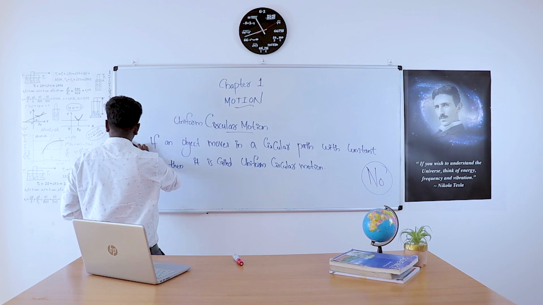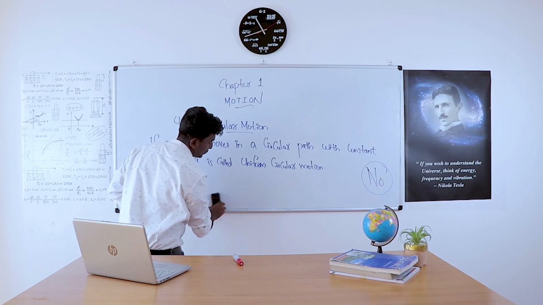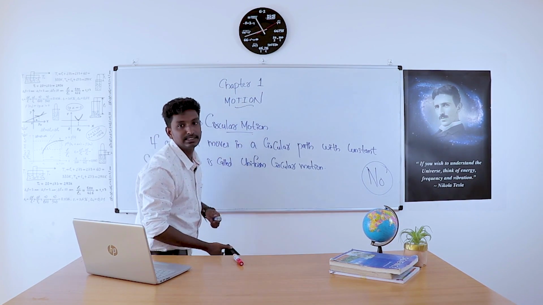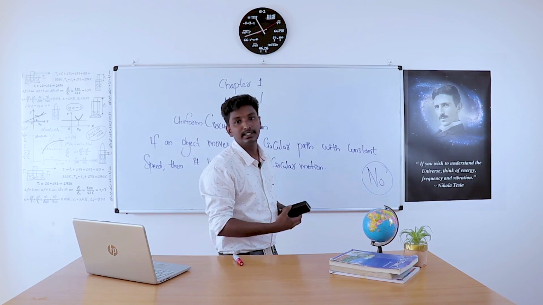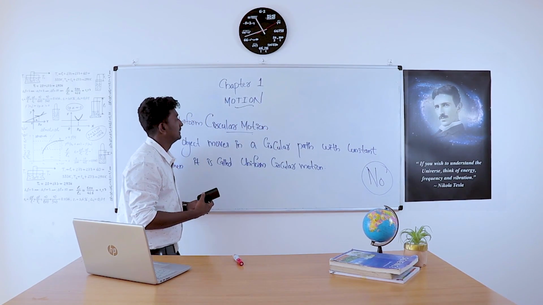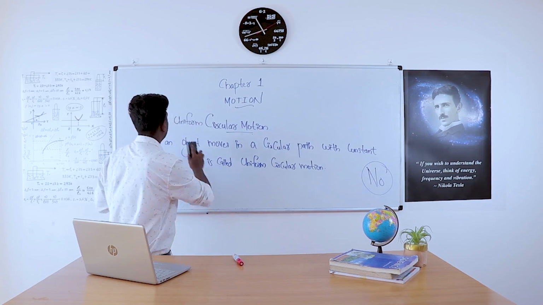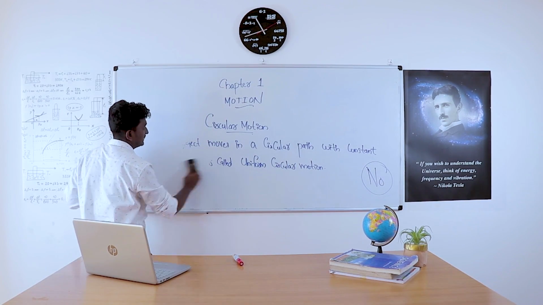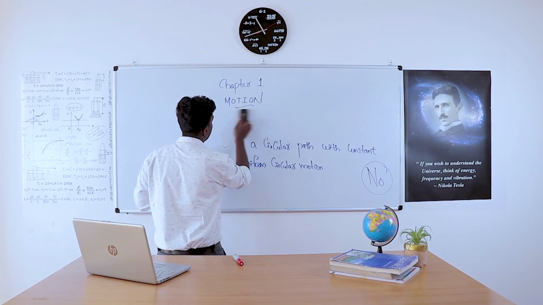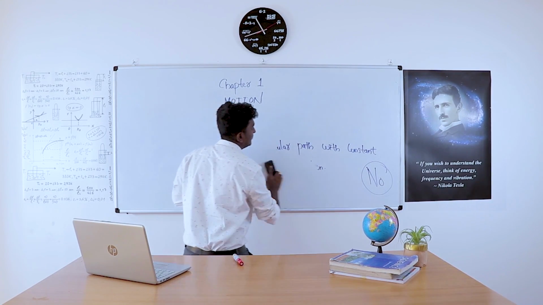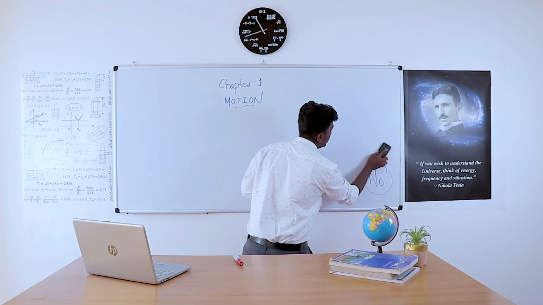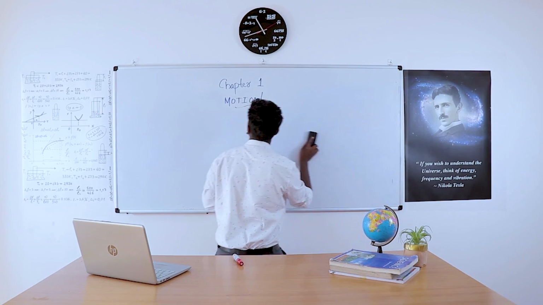Now we have to solve some problems which were previously asked or which we expect to be asked in your board exam. Just recollect what we have learned in the theoretical portion and get ready for solving some problems.